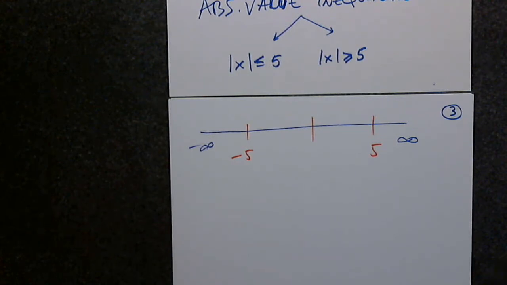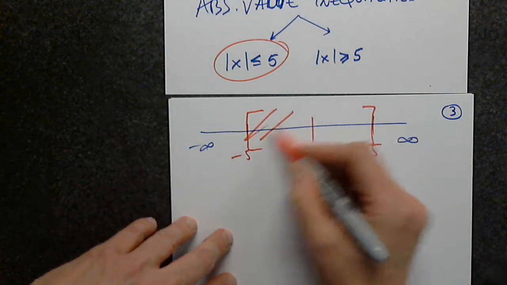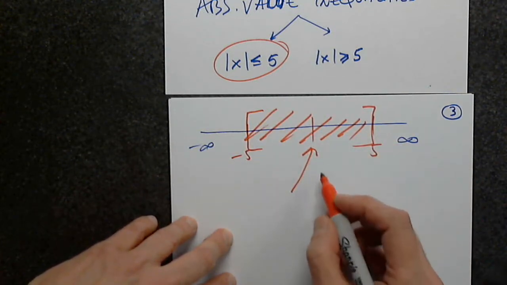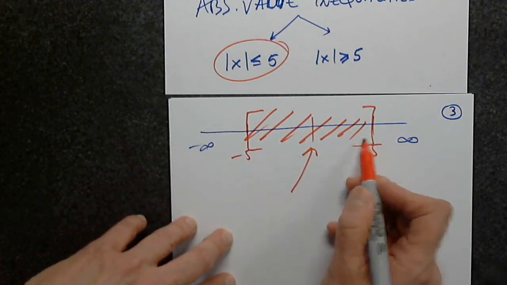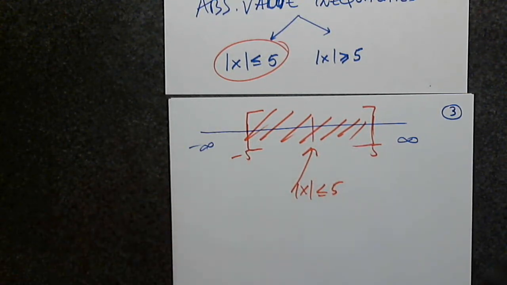So this is a possibility, this is a possibility, this is a possibility. In between what? Of course. Makes sense. So this inequality has these solutions. All these x values represent the solutions to this. That's all I need to know.